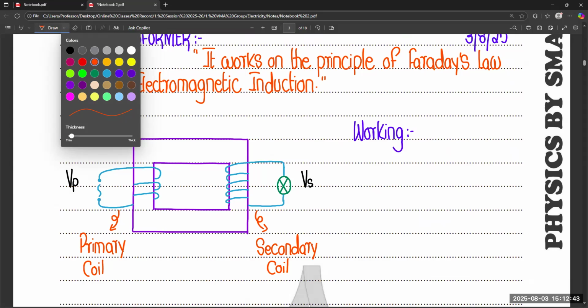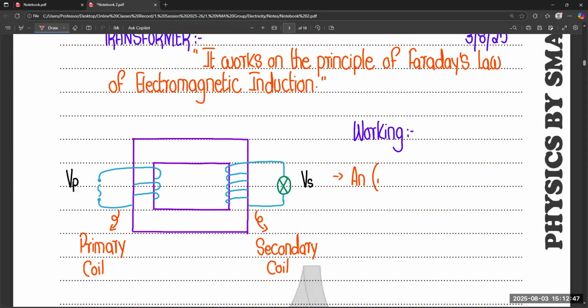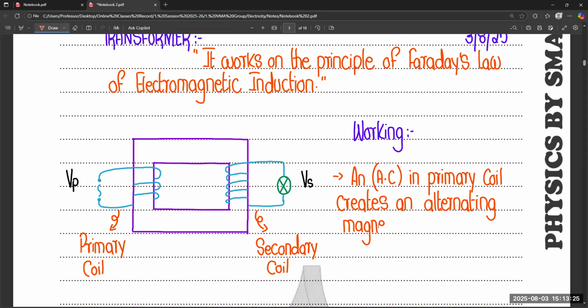So the first thing is an alternating current in the primary coil creates an alternating magnetic field in the soft iron core.